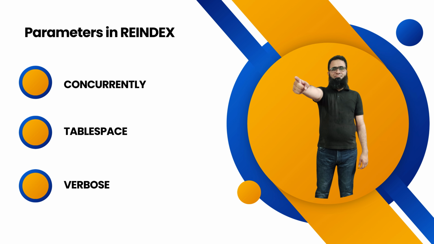Here we have some parameters in PostgreSQL database for the reindex command. First one is concurrently. When we use the concurrently option in the reindex command, it will not lock that table. And if we do not use the concurrently option in the reindex, it will lock the table for write operations, but the user can still read that table.